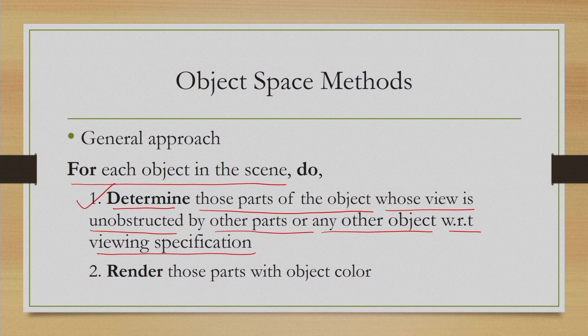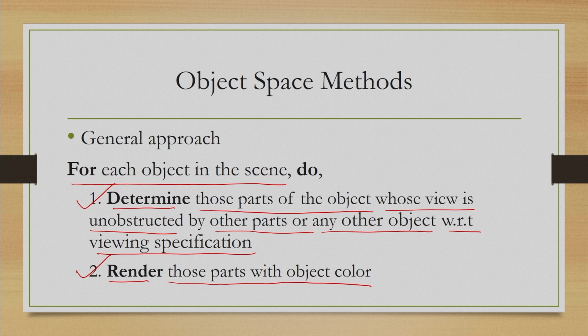So, the first stage is to determine the parts that are hidden with respect to the viewing position, and then in the second stage we render the parts that are not hidden, essentially those parts that are not obstructed, with the color of the object.